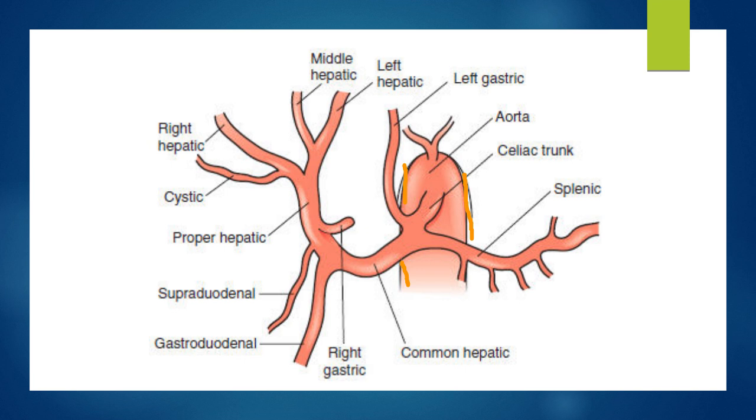We said there's a bunch of branches that are going to come off that celiac trunk, which we'll learn about in a few weeks. We don't care about them right now. And then as that common hepatic artery travels to that liver, a bunch of branches are going to come off it. Again, we don't care about those right now. What we do care about is how that common hepatic artery gets to our liver.